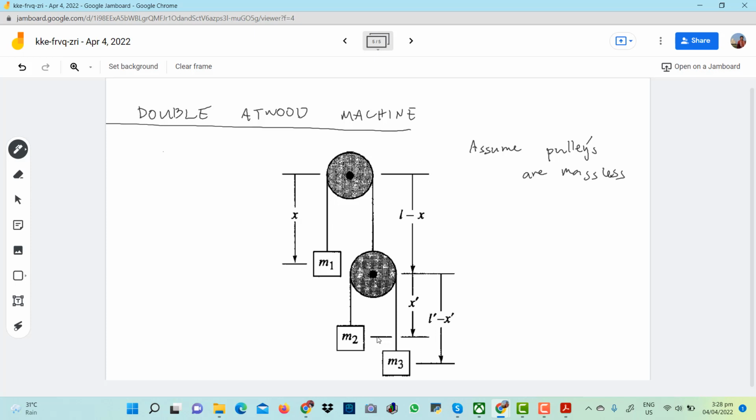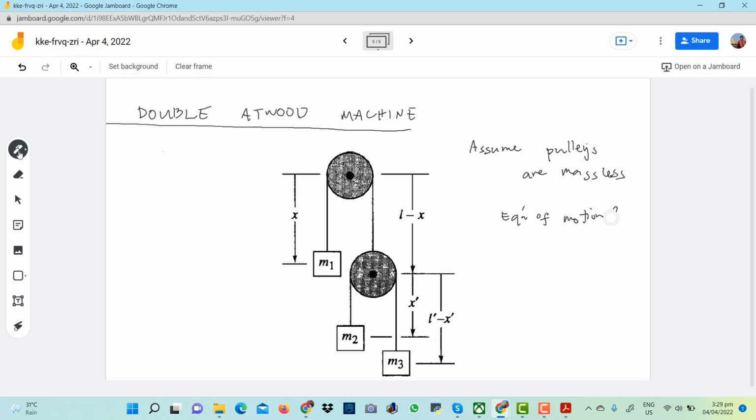What if you consider a pulley with radius, say A, then B, then what will be the equation of motion? Anyway, assume that pulleys are massless. So calculate the equation of motion.